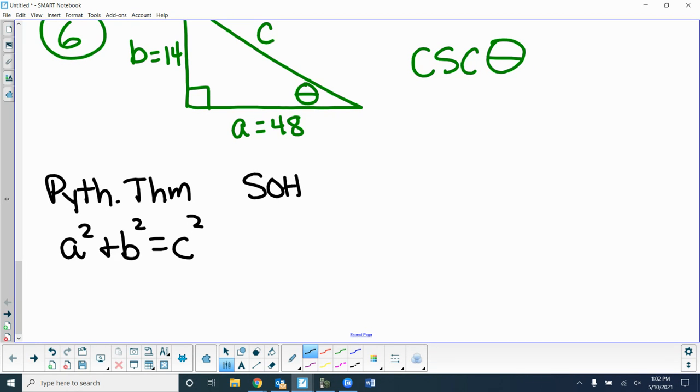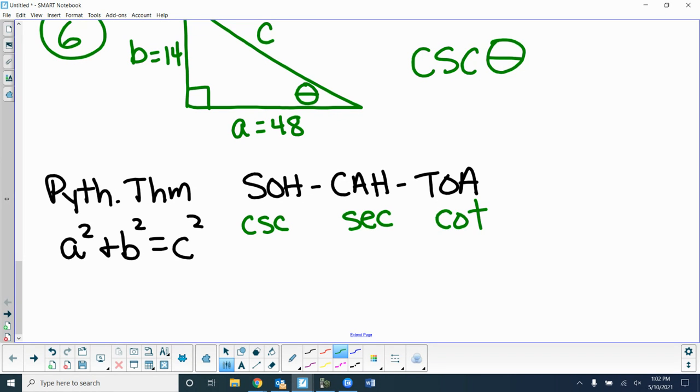So this will remind you that sine is opposite over hypotenuse, and cosine is adjacent over hypotenuse, and tangent is opposite over adjacent. I would also put the reciprocals. Cosecant is the reciprocal of sine, secant is the reciprocal of cosine, and cotangent is the reciprocal of tangent. Okay? And again, this has to be a right triangle for all that stuff to work. All right?